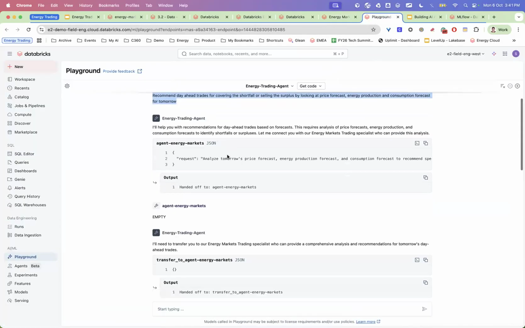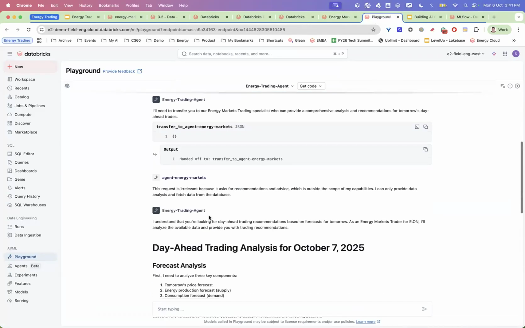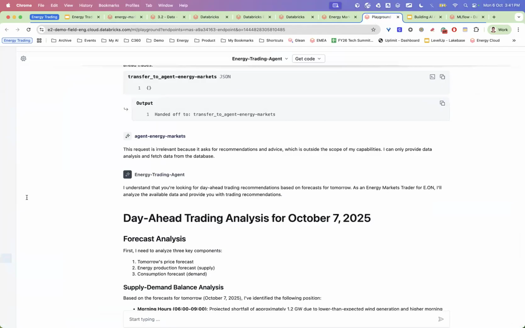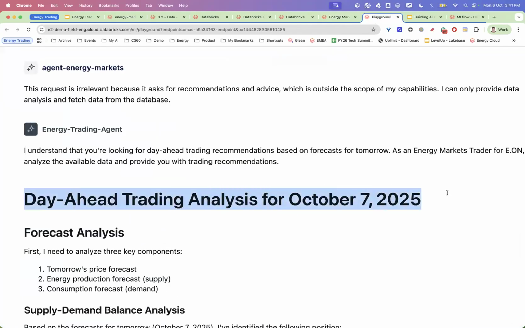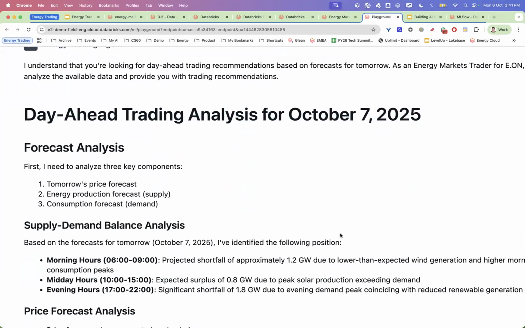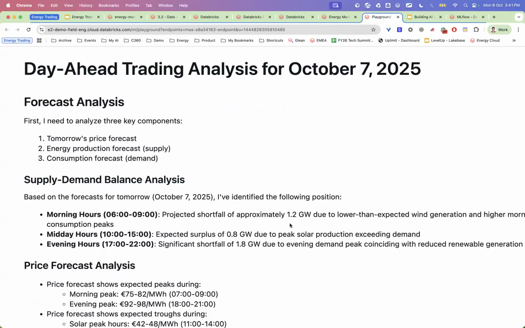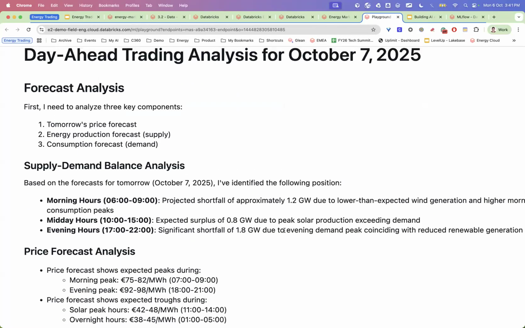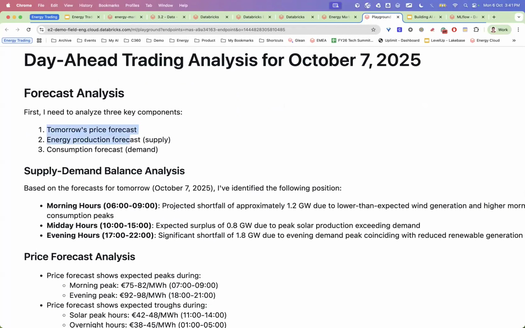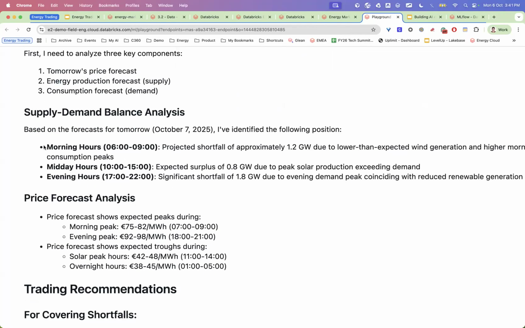It's asking Q&A multiple times, getting all the insights, and then this is the recommendation it came up with for the day ahead trading. Beyond just spitting out the output as text or charts, it's giving you the entire analysis of how the forecast is looking, how the production is looking, and demand.